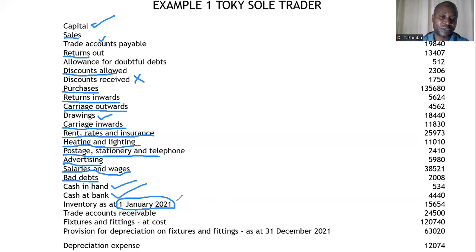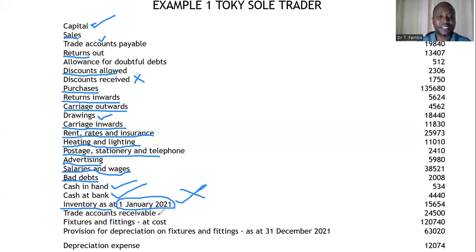Then trade receivable. Sorry, this is not the inventory that we take for the statement of financial position. This item here is an item for the trading account only. Then we have trade accounts receivable.